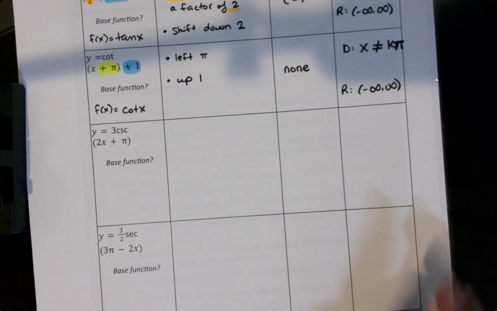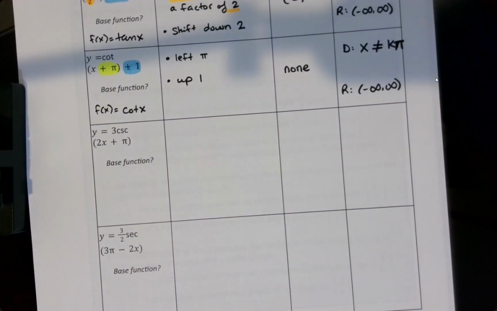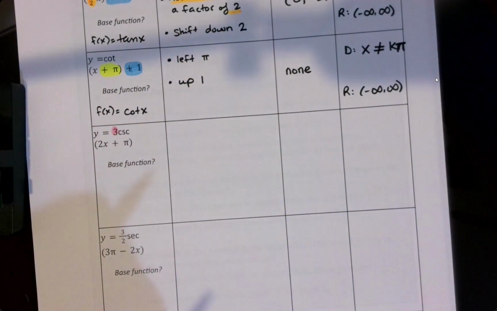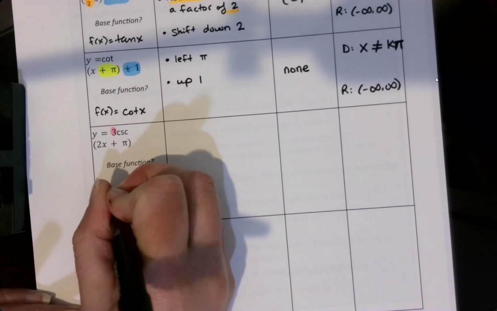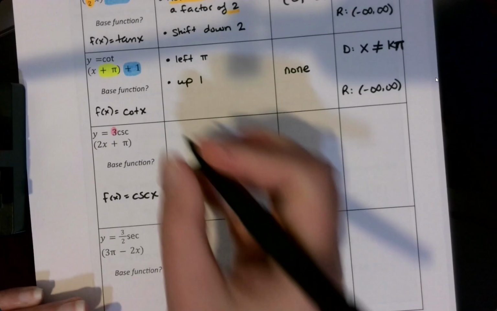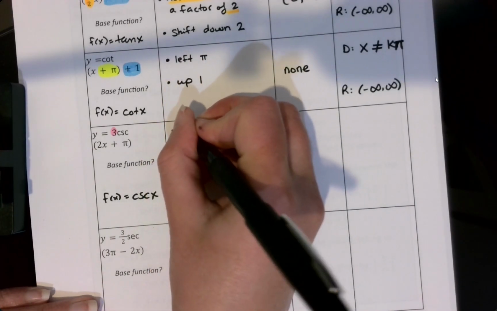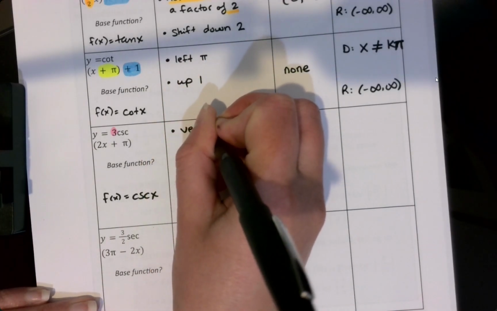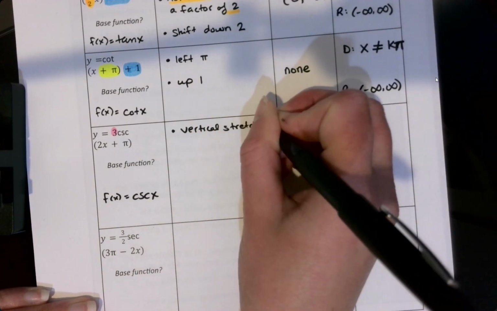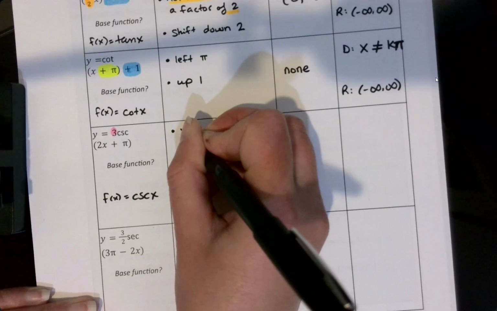I'm going to go ahead and do the next 2, and we'll graph one of those 2. So on the next one, I have a 3 multiplier. I should write the base function first here. The base function is cosecant of x. And that 3 multiplier is going to be a vertical stretch by a factor of 3.